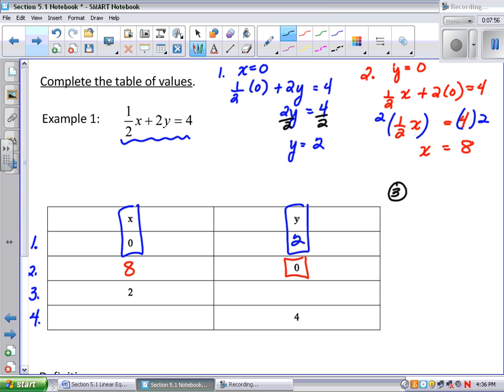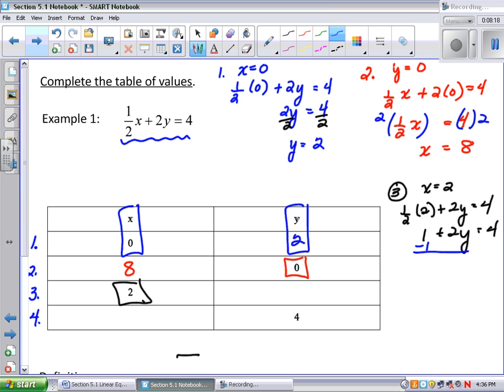Calculation number 3. x equals 2 is what we're given in our table here. So we want 1/2 times 2 plus 2y equals 4. Half of 2 is 1, plus 2y equals 4.